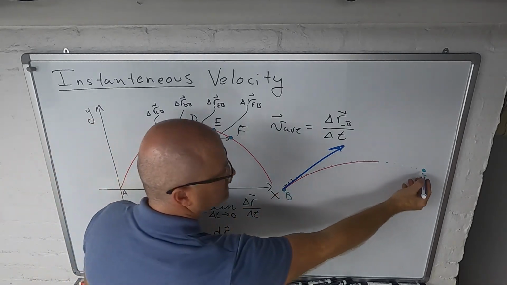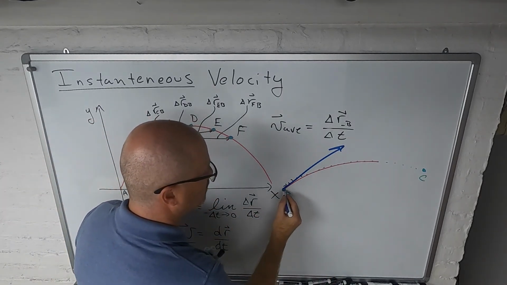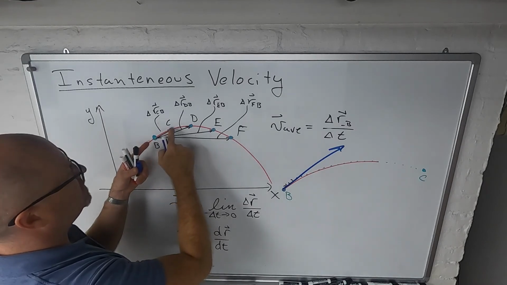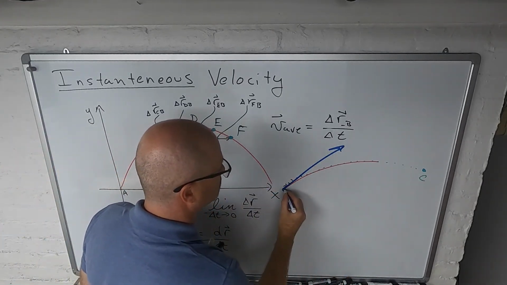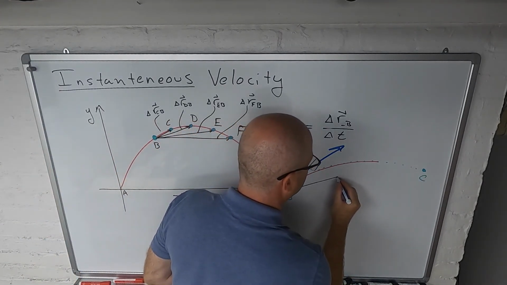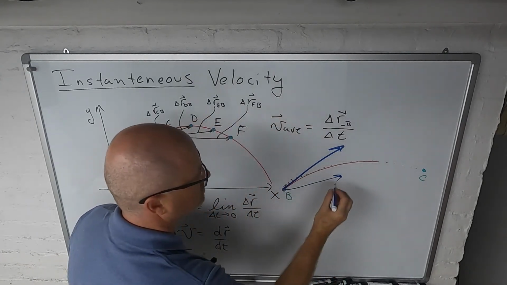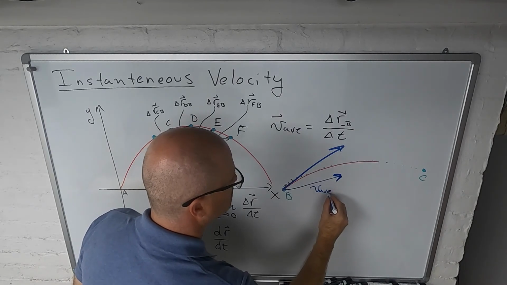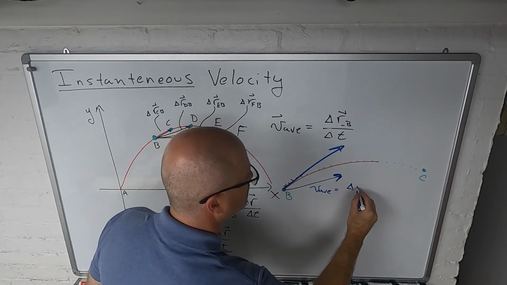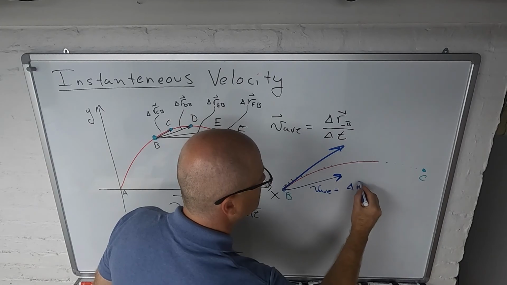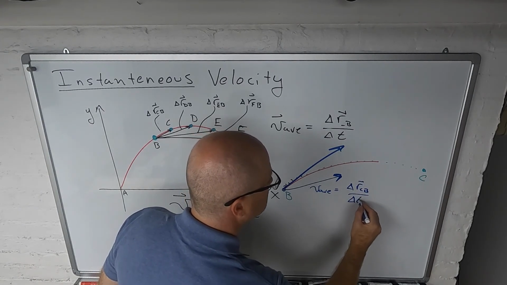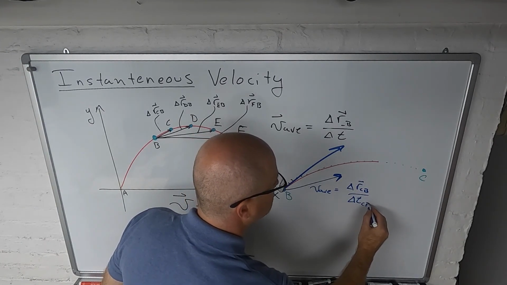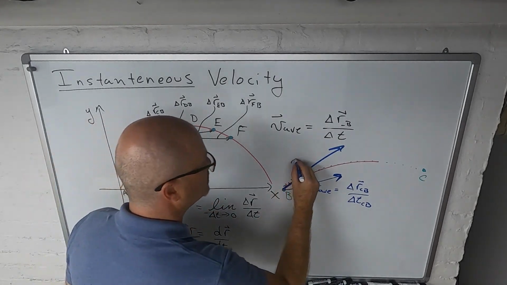Now, the average velocity that I got for the vector that pointed from B to C divided by this time interval probably looks a little something like this. This is v average defined as delta r from C to B over delta t, and I'm still going to label this C to B. This is v.